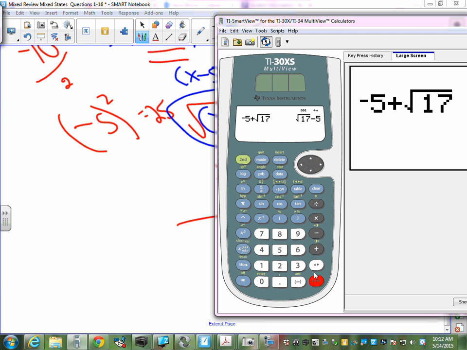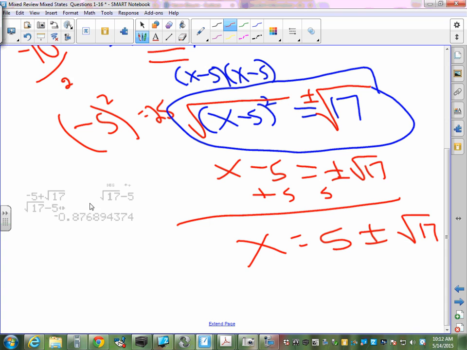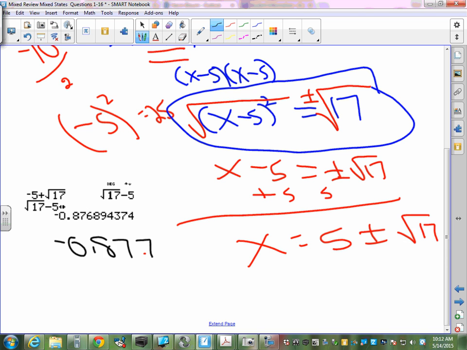Press enter. And that would give you this answer. What would that be rounded to the nearest thousandth? It'd be negative 0.8777. That was using the plus.